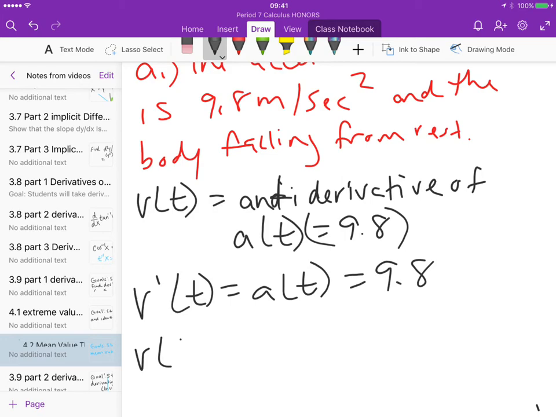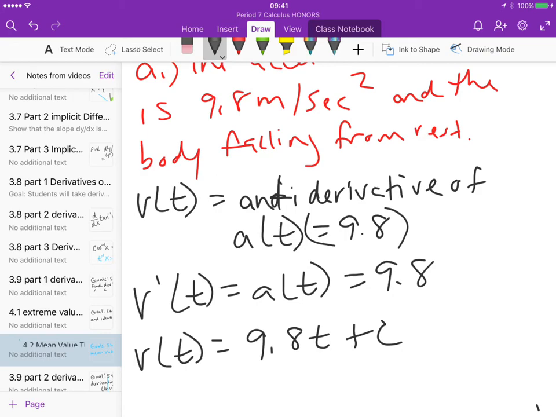So v of t had to have been 9.8 times t specifically. But don't forget, it's plus whatever constant could have possibly been there as well, because you could have taken a constant of anything and the derivative becomes 0. So don't forget that, please.